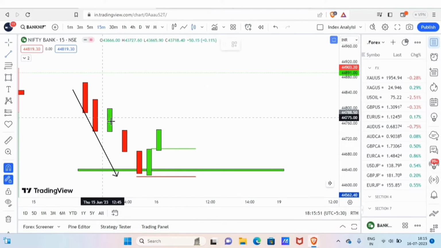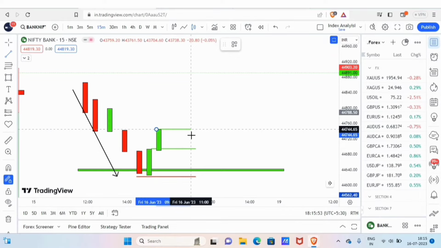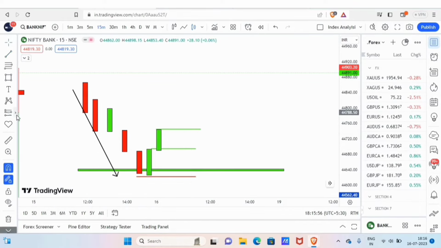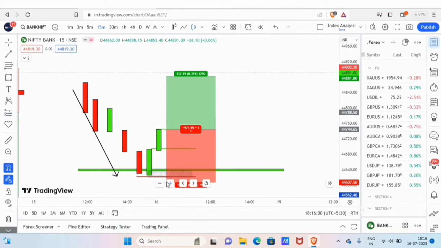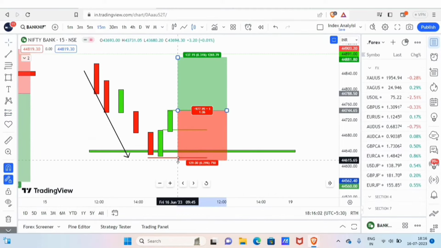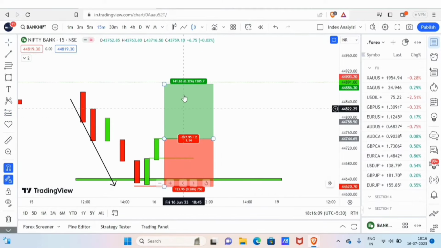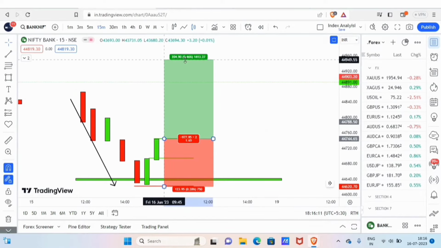Whenever the price goes above the high of the green candle, you can go for a buy trade and set a target of 1 is to 2. If your stop loss is 123 points, you can set your target as 246 points.